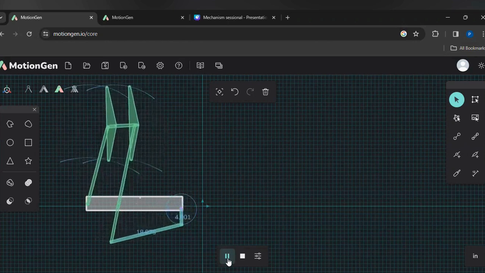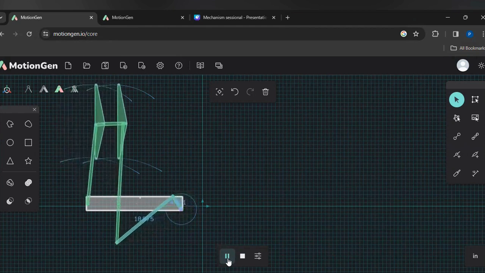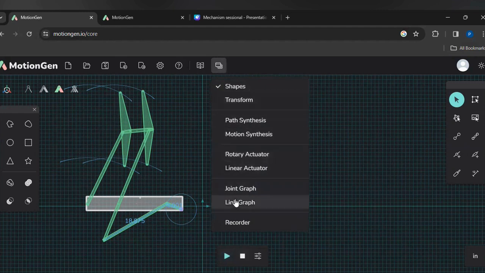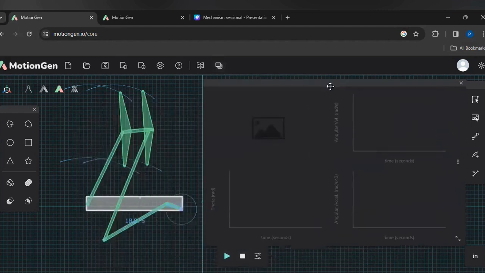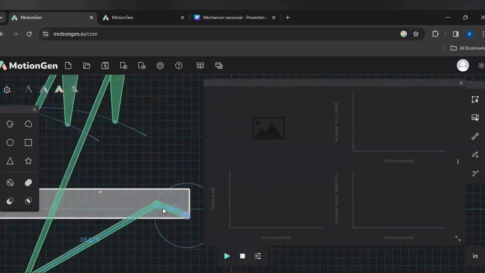Moving to the analysis of the motion of our model, MotionGen has a feature which allows us to directly show the displacement, angular velocity, and acceleration analysis through graphs. So, link graph. I will just select any link. Let's take our input link.